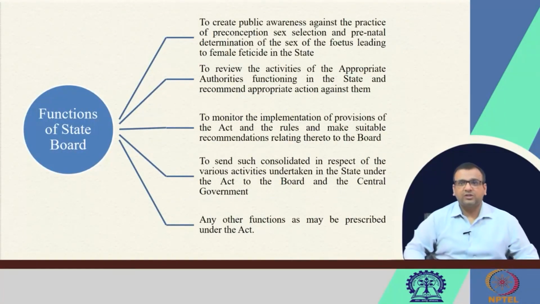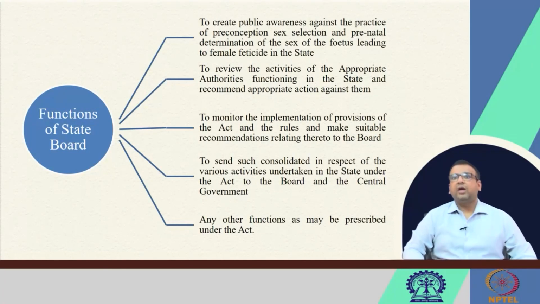So, what are the functions of the state supervisory board? First, to create public awareness against the practice of preconception sex determination and prenatal determination of the sex of the fetus leading to female feticide in the state. To review the activities of the appropriate authorities functioning in the state and recommend appropriate action against them if there is any violation.